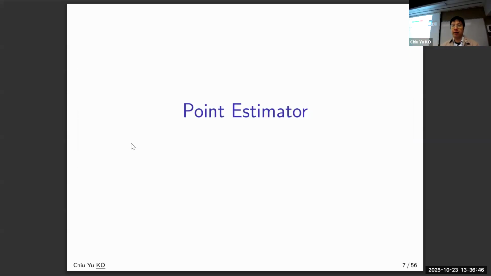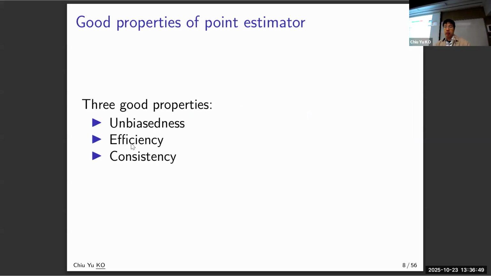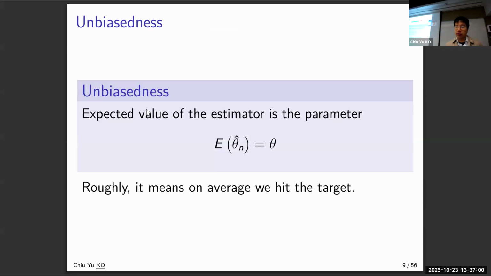And for point estimators, we have 3 different ways to say they're good. Actually, there are more. But in our introductory class, we focus on 3 of them. First, unbiasedness. Unbiasedness means that if you have one sample, you guess in this way, and with the other sample, you guess the same way, and you manipulate those samples, the average of those outcomes is actually what you want to guess.